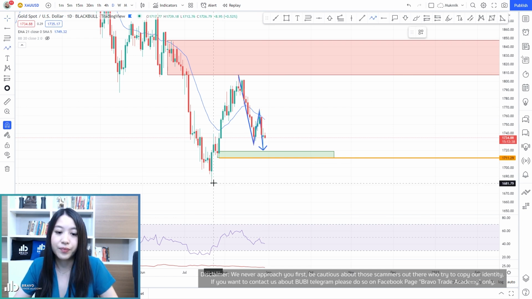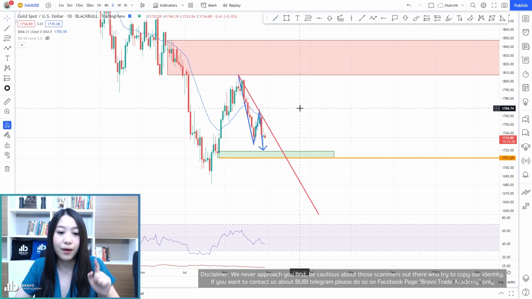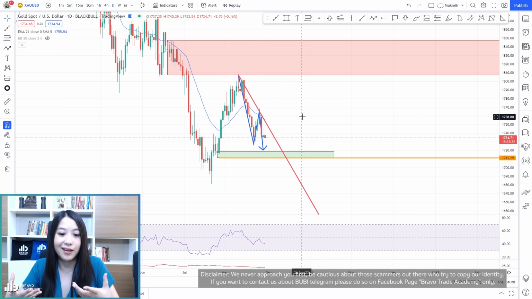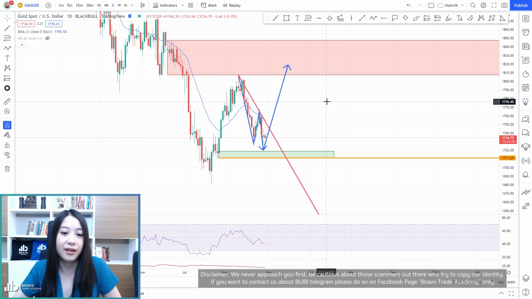because even though the price could draw this downtrend line, it's just a trend line, and it still could not remove this demand zone, which has the power to send the gold price back up even higher again.